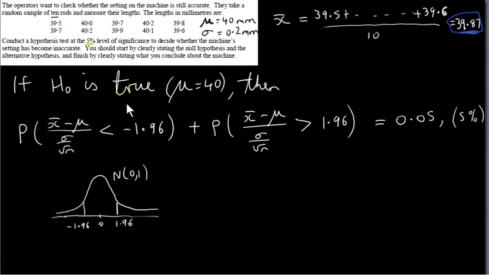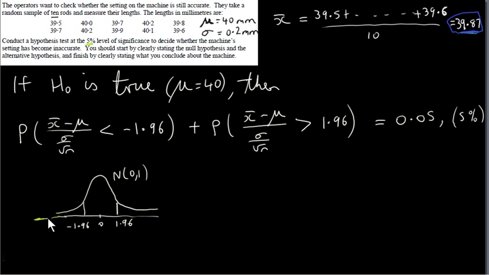So just to tie all this together and explain it a bit more clearly maybe, if the null hypothesis is true, in other words, if mu is indeed 40, then the probability that this, which is our z-score, x bar minus mu divided by sigma over root n, is less than minus 1.96, or that it's greater than 1.96, is equal to 0.05.